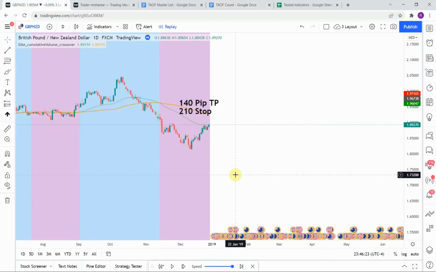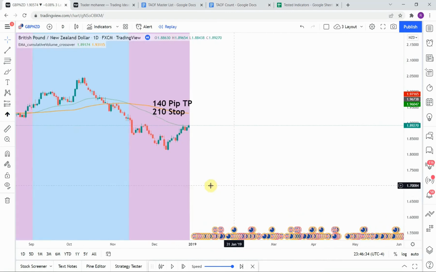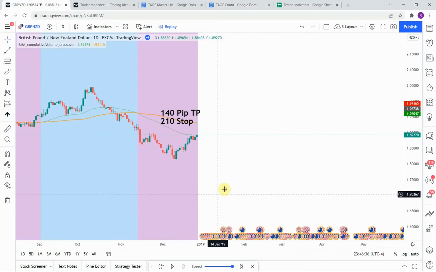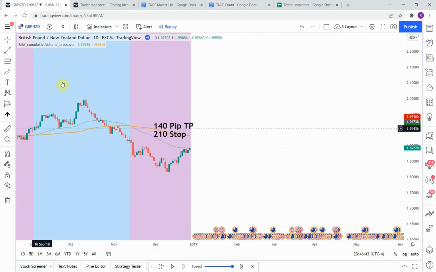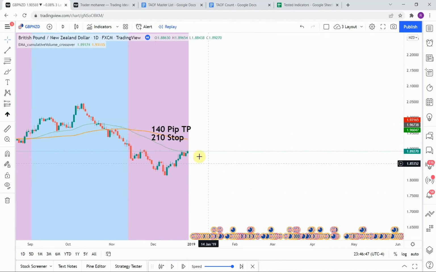Alright, so today's indicator is the EMA Cumulative Volume Crossover. I struggle on the cumulative part of that indicator there. Anyways, so what we're looking at here is the EMA, an exponential moving average, and then we have the cumulative volume oscillating line, basically.